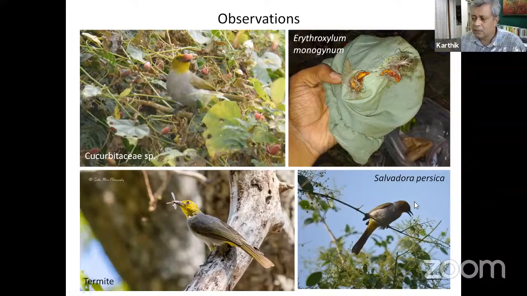Here it is picking a fruit of a tree, and here it is picking a flying insect, probably a winged termite, and trying to eat it. All these observations are possible only if we use binoculars and a camera. So these are essential to study birds. Additionally, you need a few more things, which I will show you in the next few slides.